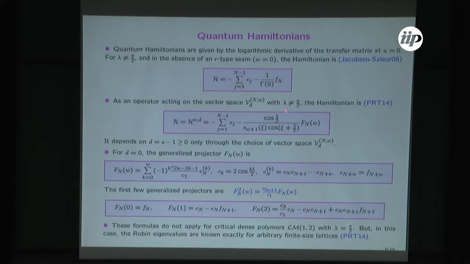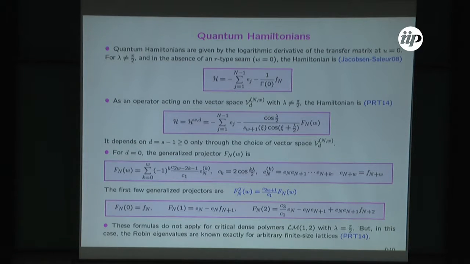Now, the little f here was replaced with a capital F. These are generalized projectors. I say they're generalized projectors because if you normalize them appropriately, the square just gives back F_n. So when W is equal to 0, there is no distinction between little f and capital F, but as you increase the width of the R-type seam, these start to take some non-trivial expressions, and they have some very nice algebraic properties.